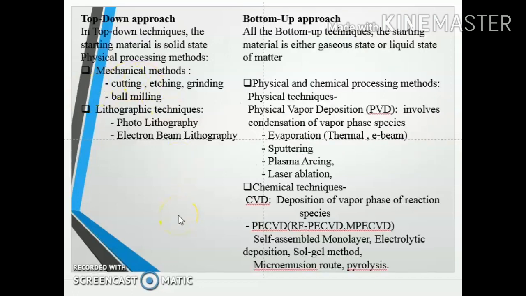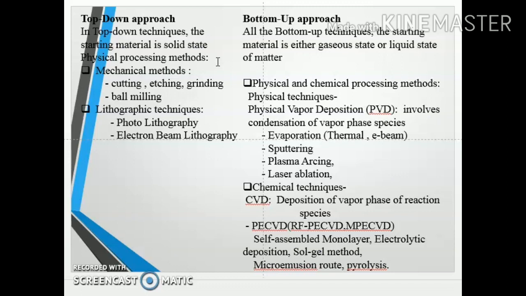In the top-down approach, the starting material is usually in the solid state. The different physical processing methods for synthesis of nanoparticles using the top-down approach are mechanical methods and lithographic techniques.